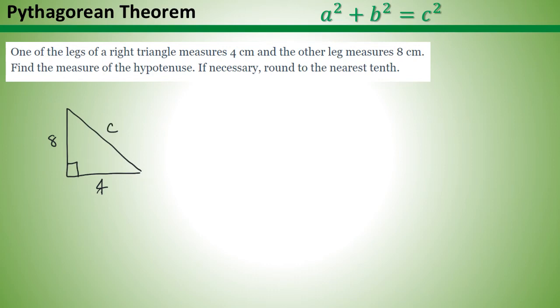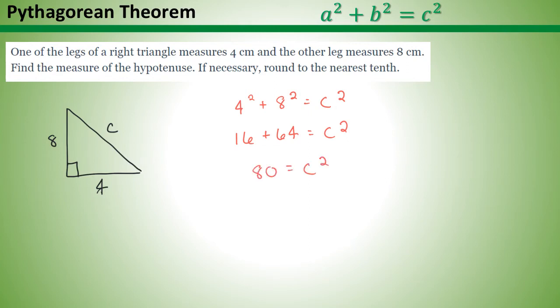We're finding the hypotenuse. So again, I could say 4 squared plus 8 squared is equal to C squared. Okay, so 4 squared is 16, 8 squared is 64, equal to C squared. End up with 80 is equal to C squared.